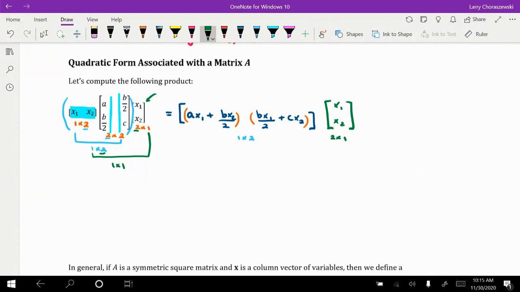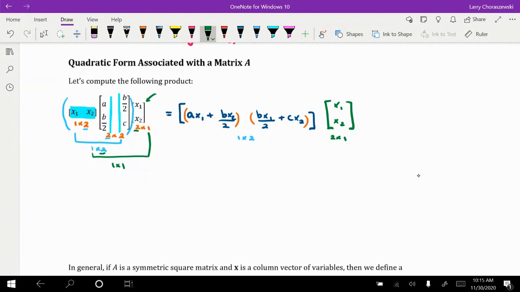And as mentioned a little bit ago, this will result in a 1 by 1 matrix, in which case we can just treat it as a scalar by removing the matrix symbols. So how are we going to multiply this out? We're going to multiply the first entry of each of these matrices together.